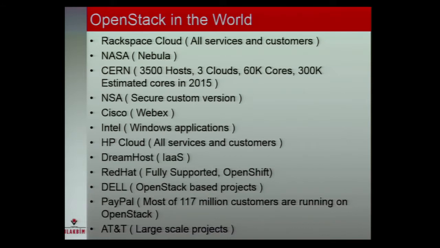NSA also uses a secure custom version of OpenStack. And you can see Cisco, Intel, HP Cloud, Dreamhost, and PayPal. Most of the 170 million customers are running on OpenStack as well.